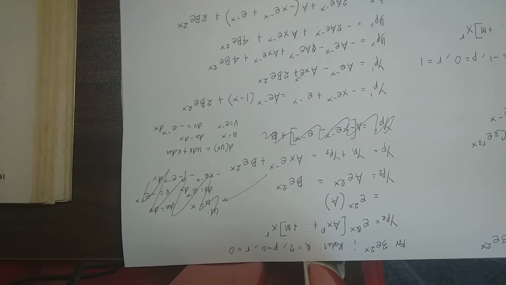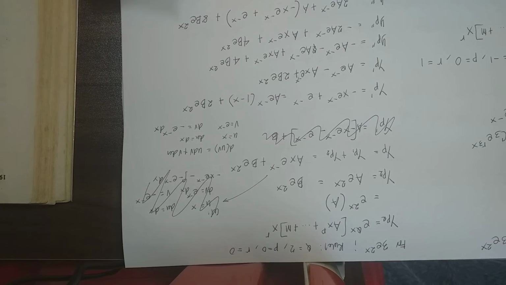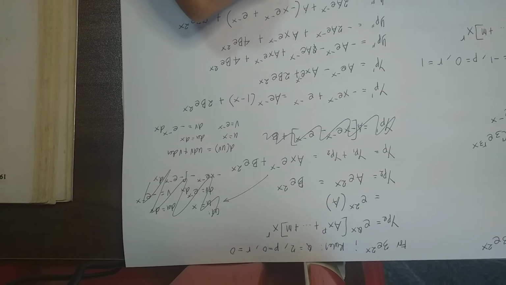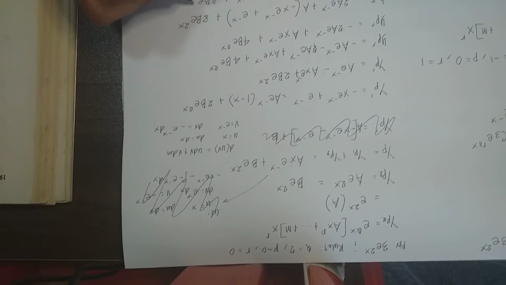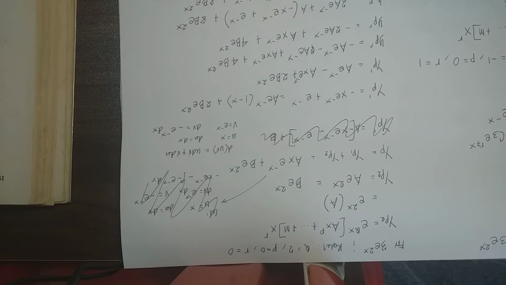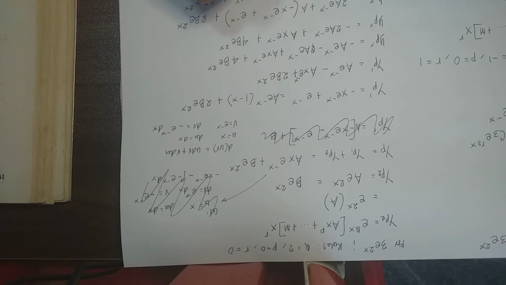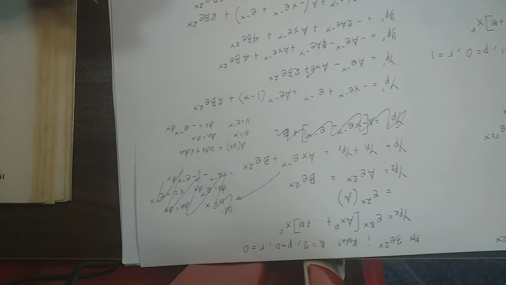Or we have 2a e to the negative x minus ax e to the negative x plus a e to the negative x plus 8b e to the 2x. So yp triple prime is equal to 3a e to the negative x minus ax e to the negative x plus 8b e to the 2x. So this is the value of y prime, y double prime, y triple prime.